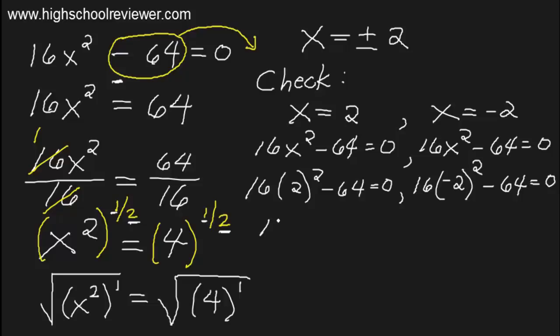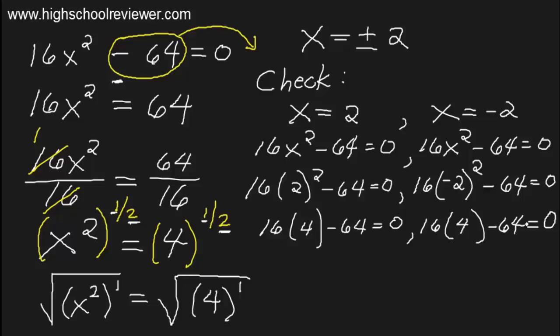So we will have here 16, 2 raised to the power of 2, that is positive 4, minus 64, this will be 0. And 16 multiplied by negative 2 raised to the power of 2, that will be positive 4, minus 64, and this will be equal to 0.